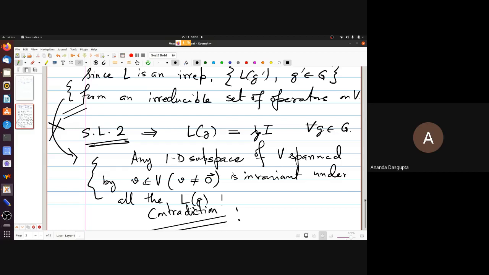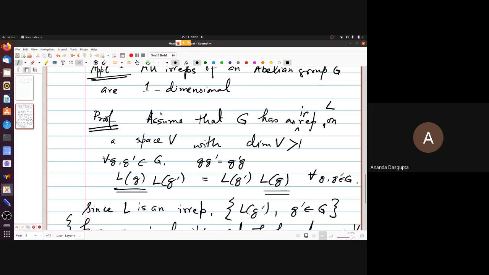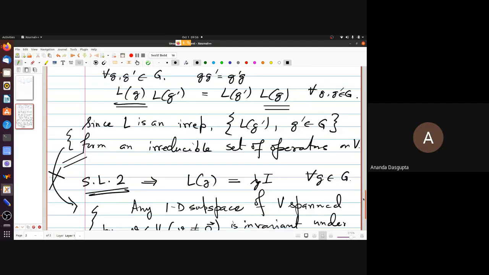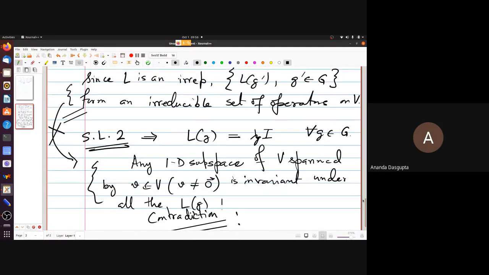So the proof essentially goes this way. You start with the assumption that there is an irrep on a space V with dimension more than 1, and you show that if that is irreducible, which you're assuming, you can use Schur's lemma too. You end up with the statement that L_g is a multiple of identity for all the g's, and that means every vector space spanned by a single vector is invariant.